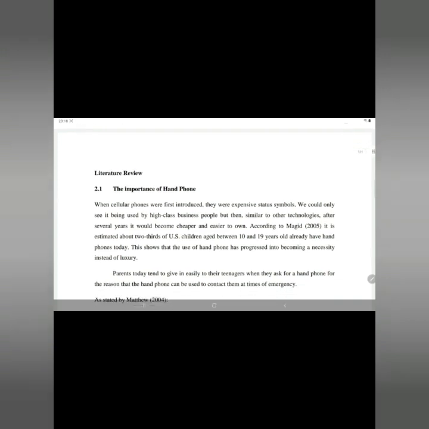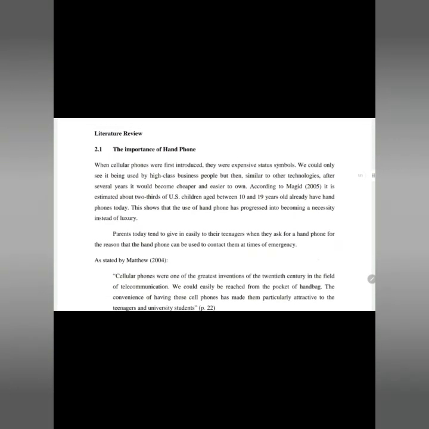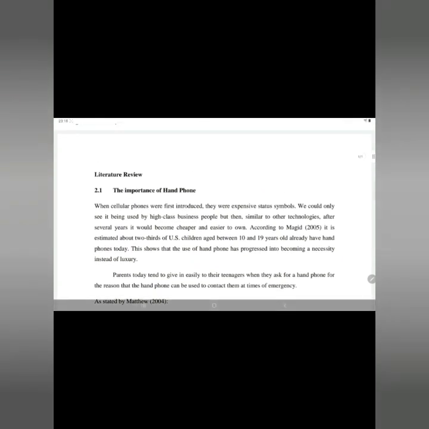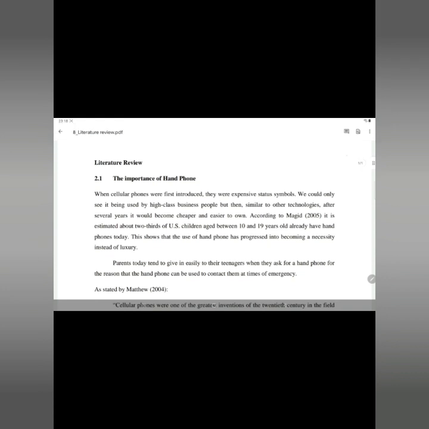Okay, for example, like this one here, summarizing the importance of handphones here. You can see quotation. Okay, and then that's all, just a snippet of it here. So basically this, right? So let's go back to chapter 3.